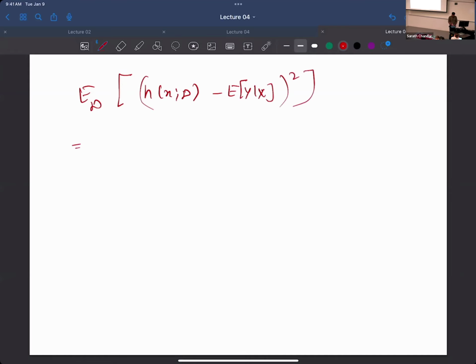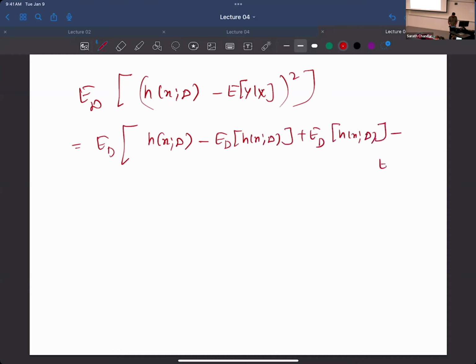I'm going to write this as expectation of h of x given D minus E of D h of x given D, plus E of D h of x given D minus E of y given x, the whole square. I'm just adding and subtracting a term here, right? And we're going to treat this as a plus b, the whole square.